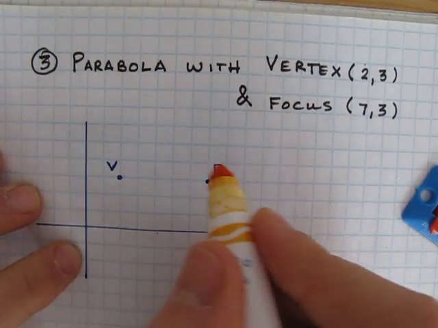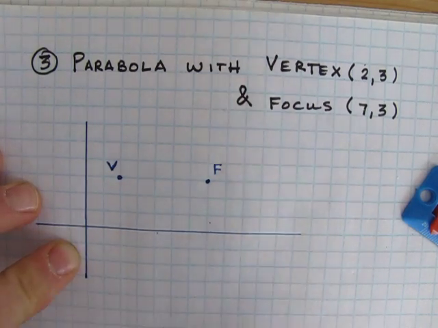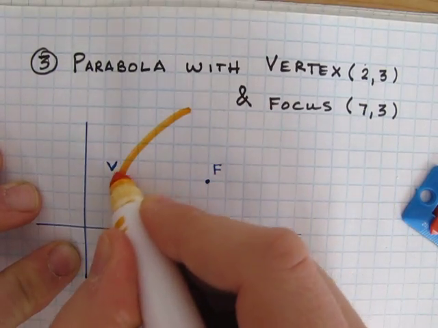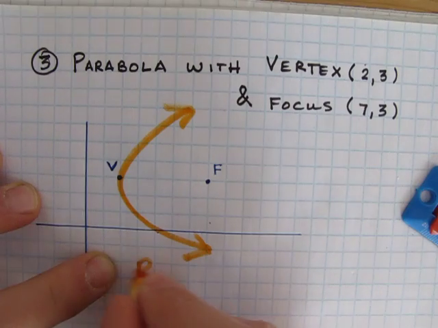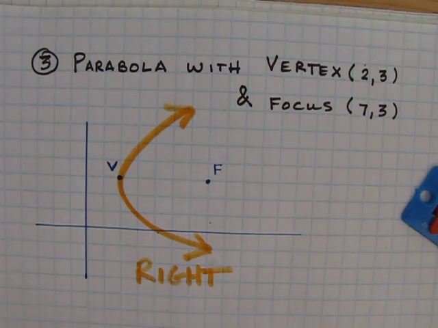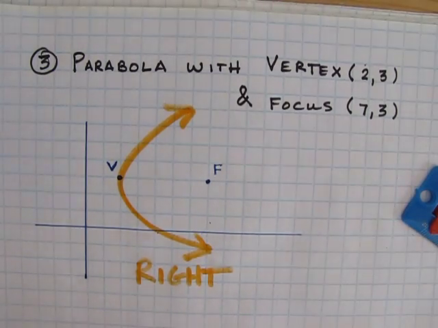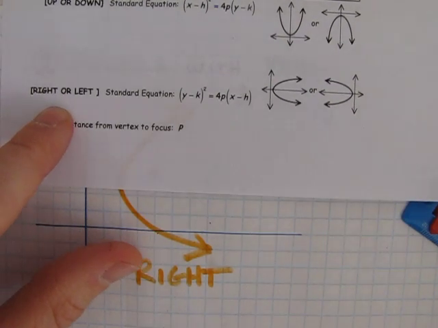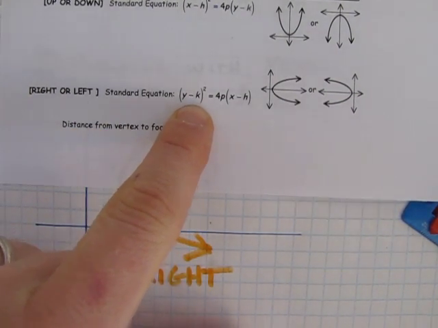We know that the parabola goes through the vertex, and it hugs the focus. So it's going to look something like that. Ooh, so it opens right. Now if you look at your little formula sheet here, if it opens right, that means we're going to have one of the parabolas that starts with a y.